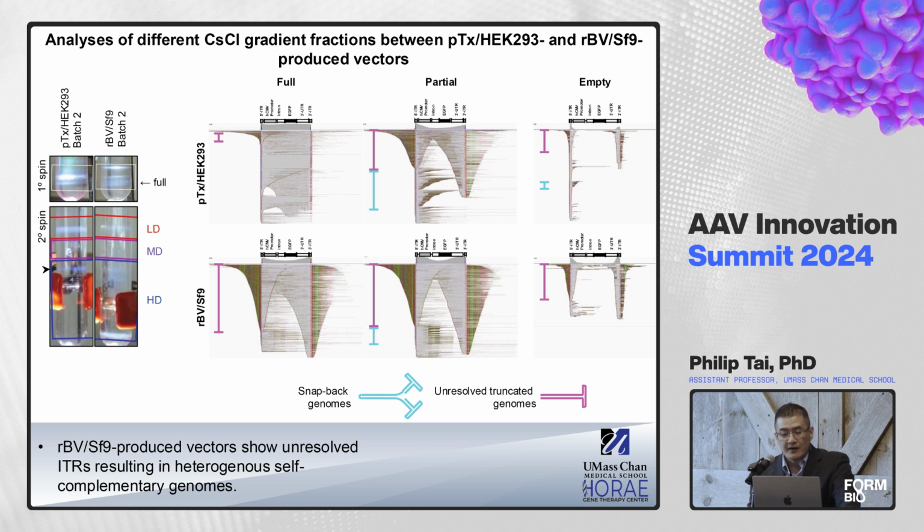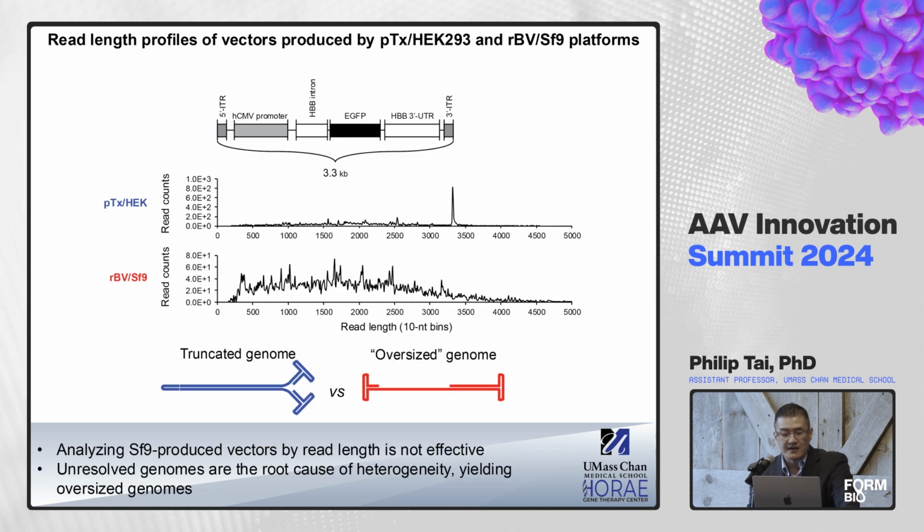Because remember, if there is a high degree of secondary structure, you form these snapback genomes. But what we found within the heterogeneous forms from the SF9 preps was these unresolved truncated genomes. And so these are very evident when you look at the alignment behavior of these reads on an IGV display, right? And so where could these be coming from, right?